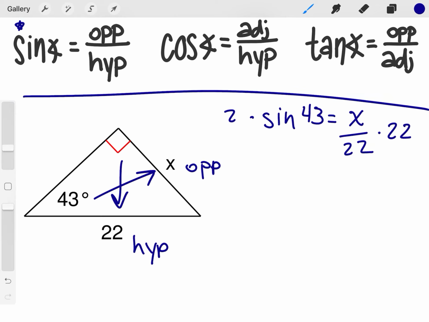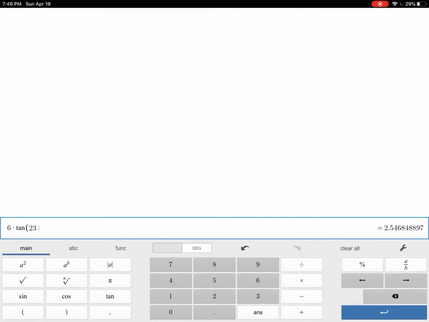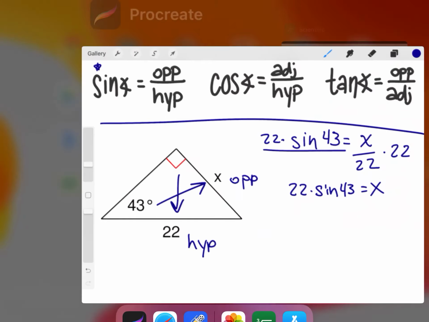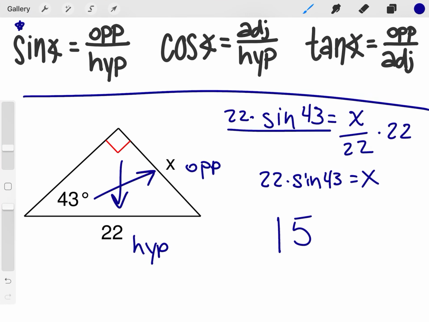We isolate x by multiplying both sides by 22. We get 22 times the sine of 43 equals x. All right, and then we go over to Desmos. 22 times sine of 43, we get 15.003, which just rounds to 15.